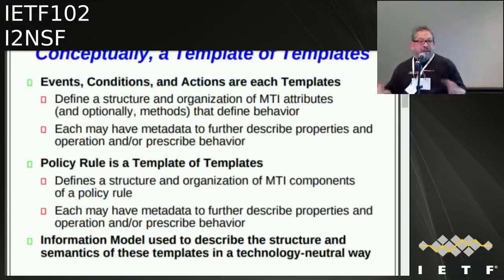Remember, this is an imperative system, so order is important, right? You can also control side effects. So what happens if a policy fails? Do you continue executing other policies? Do you stop? Do you roll back? All of that is defined in the draft.